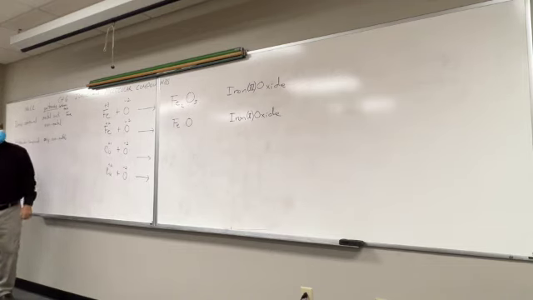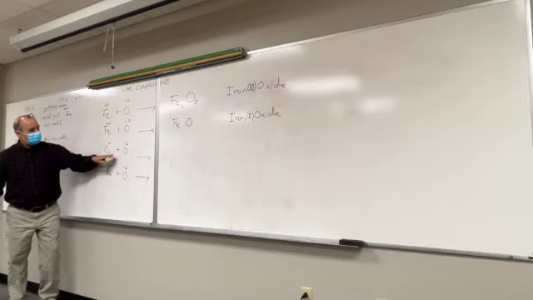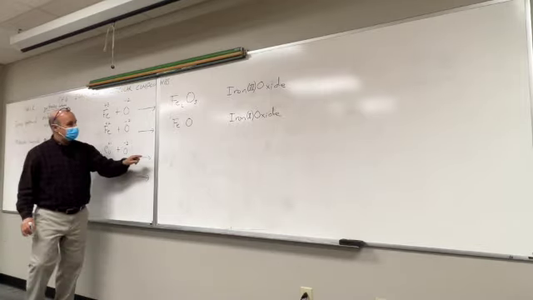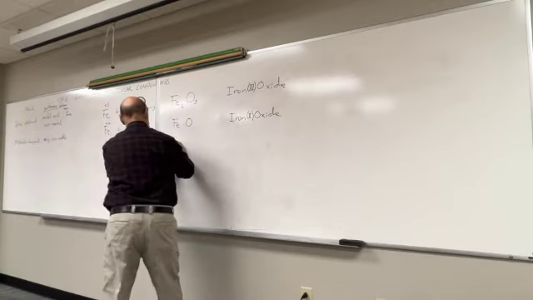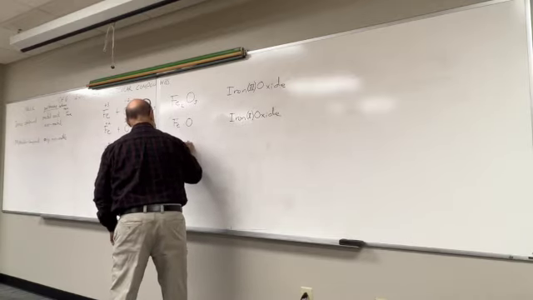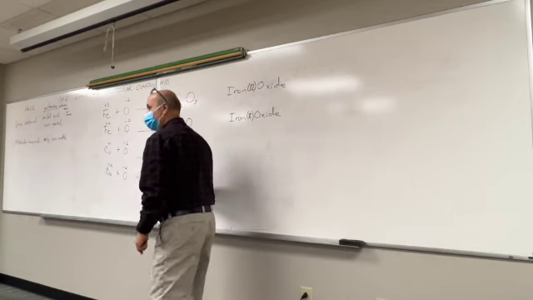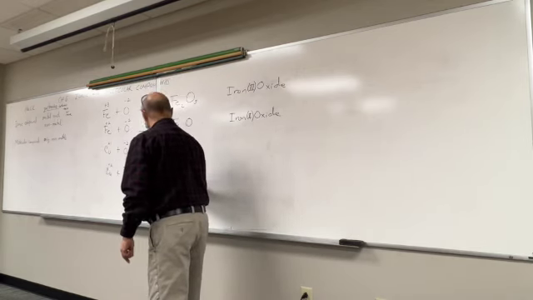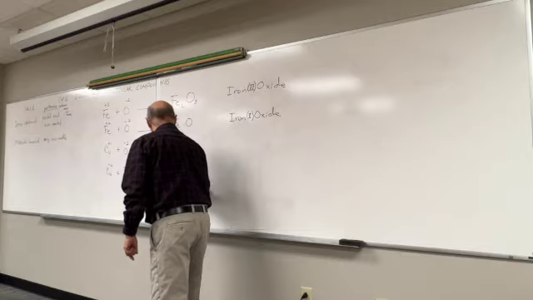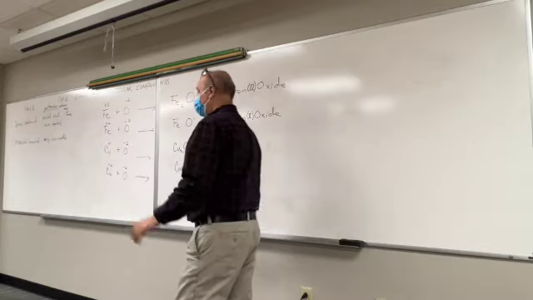Let's make the predictions of the formulas. Crisscrossing gives us what, for the top one? Cu2O, yes, I like that. And then this one? CuO. And that's it.